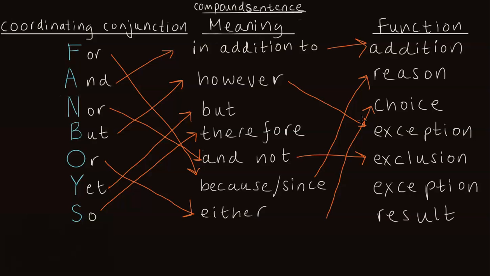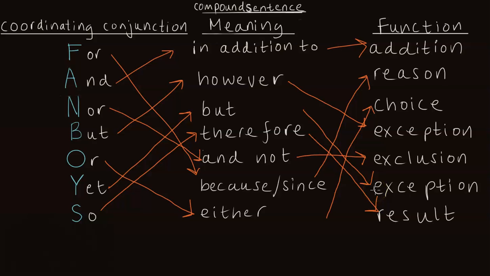Yet, the meaning of yet was but, so, like but, it is of course exception. And so, the meaning of so was therefore, so it shows us a result of something. So that's result.